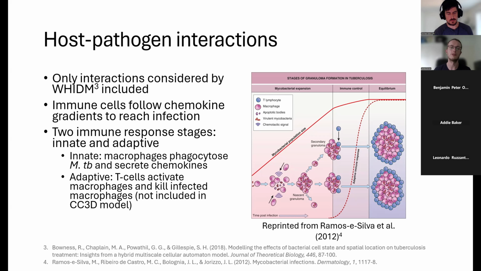T cells are also able to kill off infected or chronically infected macrophages, which also then kills the bacteria within them and leaves behind necrotic material. So you can see that flow through here. There's the initial encounter, phagocytosis, and releasing of chemotactic signals.